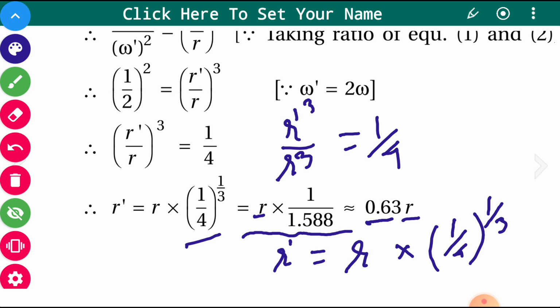So the radius of the orbit of the planet, or we can say the distance of the planet whose angular speed is 2 omega, is 0.63 times the distance of the earth.